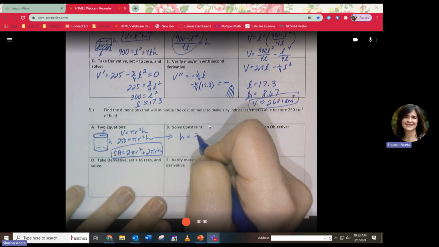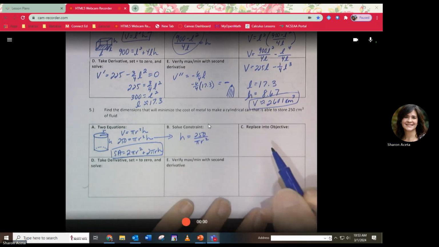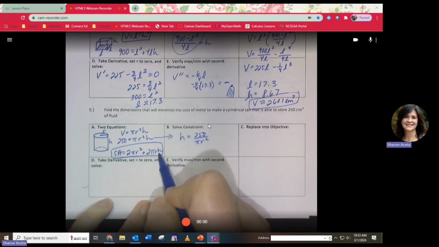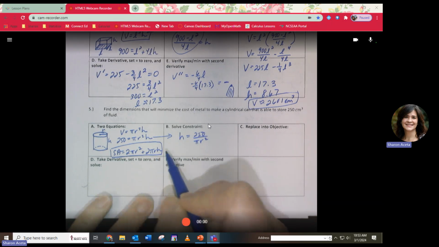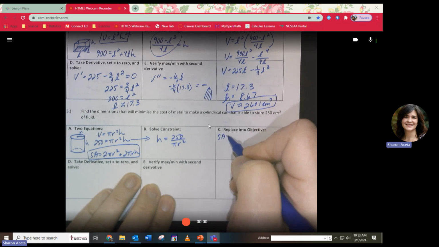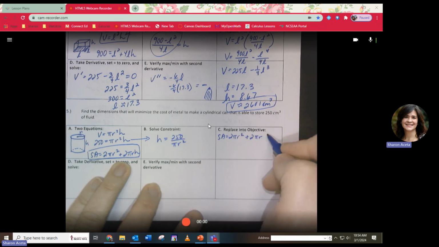H is equal to 250 divided by pi r squared. Remember to replace this into the objective function for h. So I'm going to rewrite it to be SA equals 2 pi r squared plus 2 pi r, and then h I'm going to replace with that.